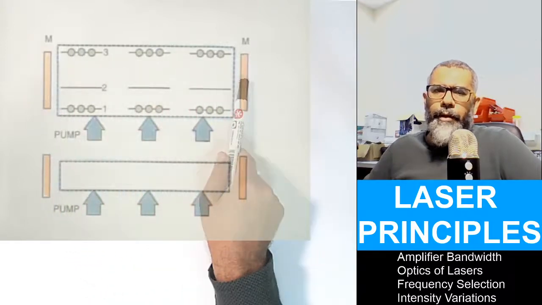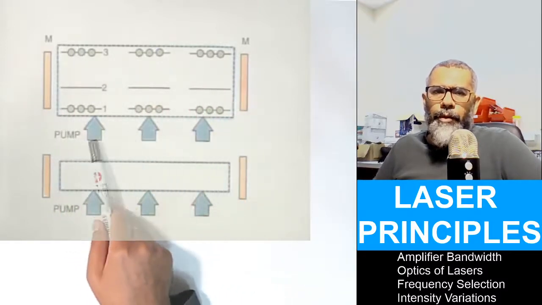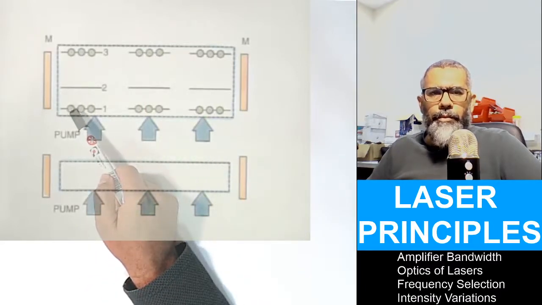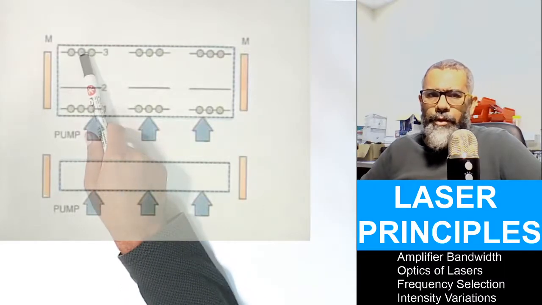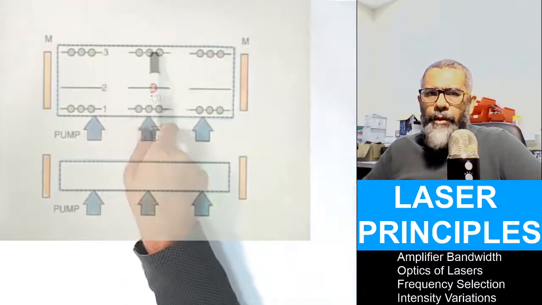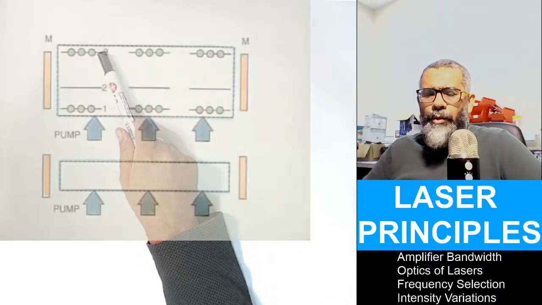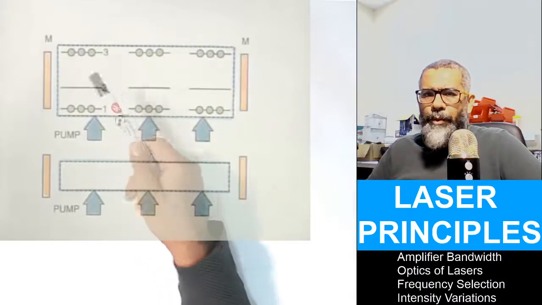Okay, and you pump your atoms so that your atoms initially at the ground state will jump to the third energy level. They are expected to go down to the second energy level, producing photons.